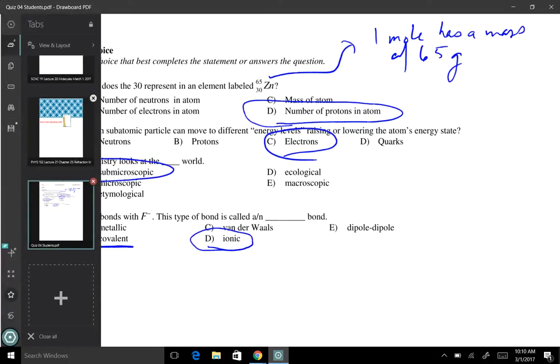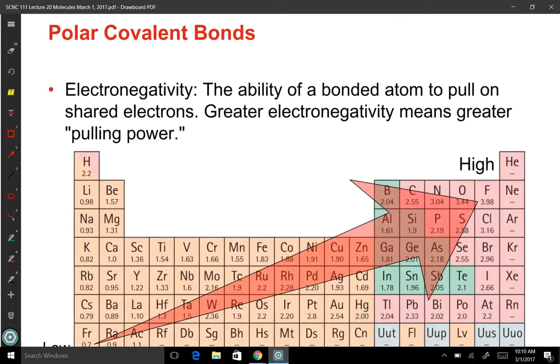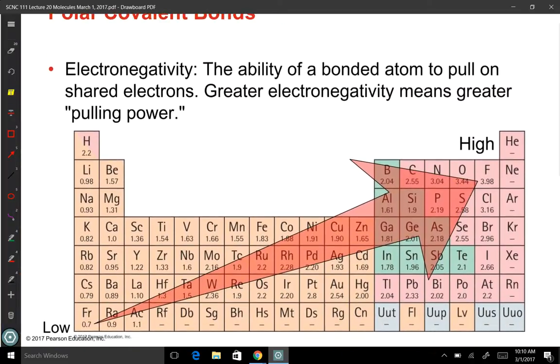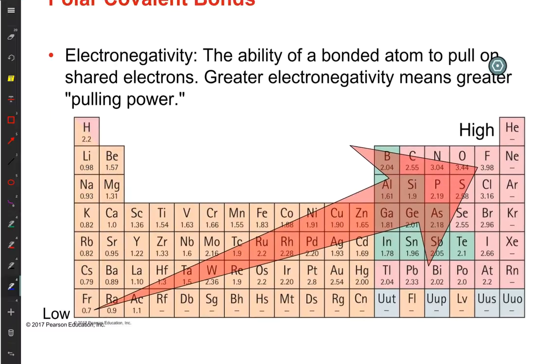So going to the lecture, the first slide here is to remind us, I was like, why is the scale off? That's why the scale's off. To remind us how to determine if it's ionic or polar covalent or covalent. This was the last thing I talked about in class 2 days ago. We look at the electronegativities. Fluorine has an electronegativity of 3.98.